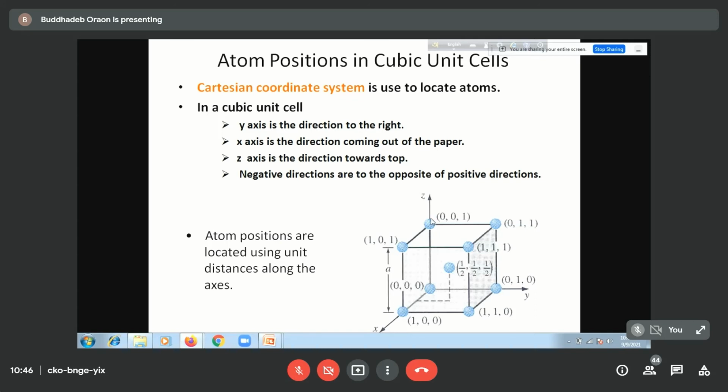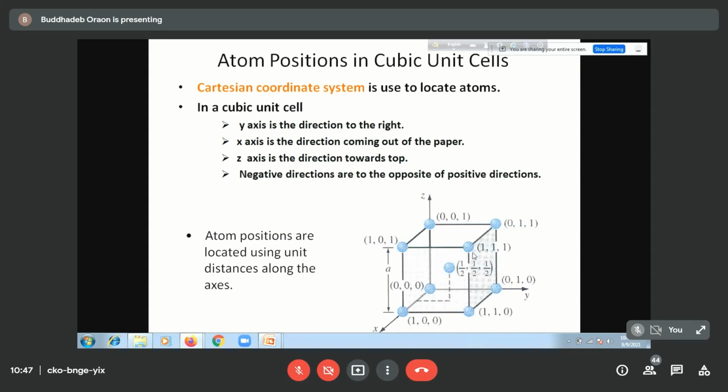If you want to see, we have to denote the position of atoms. Let us say this is a body centered cubic unit cell, we are assuming in the first quadrant with this 0, 0, 0 as the origin. So we can locate the position of each of these atoms with the coordinates X, Y, Z. This is the system we use to know the planes and directions.